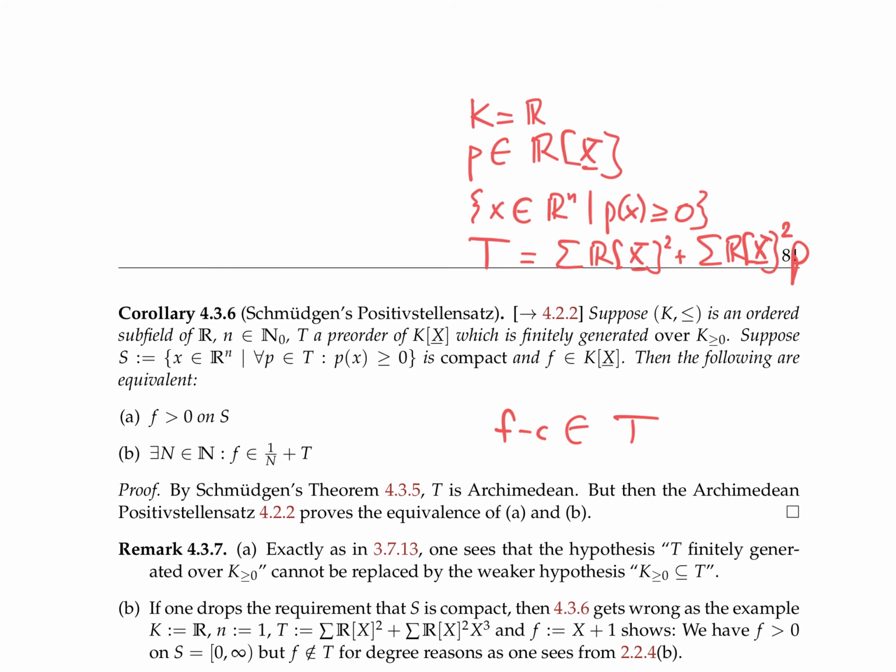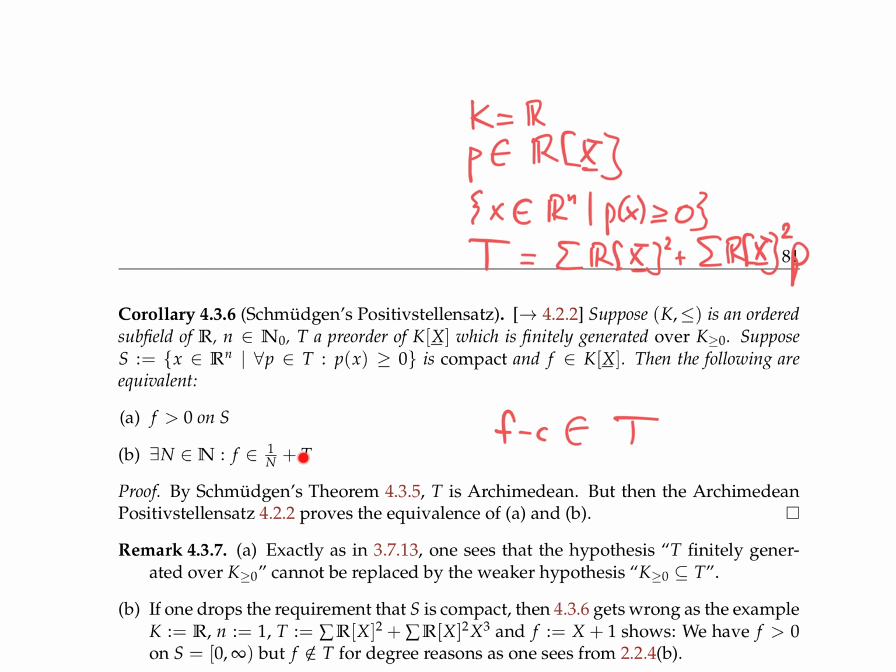Another problem with Schmüdgen's Positivstellensatz is this. Here I have a preorder generated by just one polynomial, and I need just two sums of squares and just two Gram matrices to parameterize them. But if I have a preorder generated by 10 polynomials, because I have a basic closed semi-algebraic set defined by 10 polynomial inequalities, then, when you know how a preorder looks like, you need all products of these 10 polynomials.